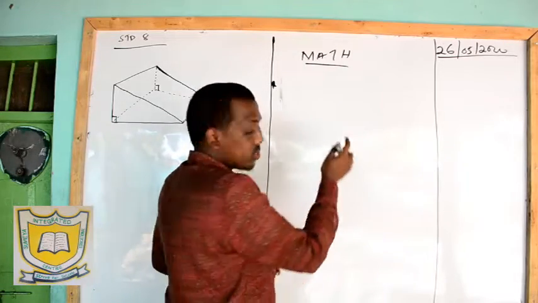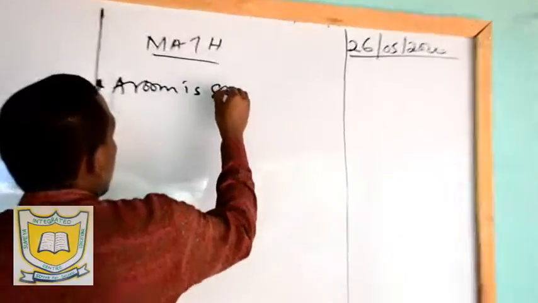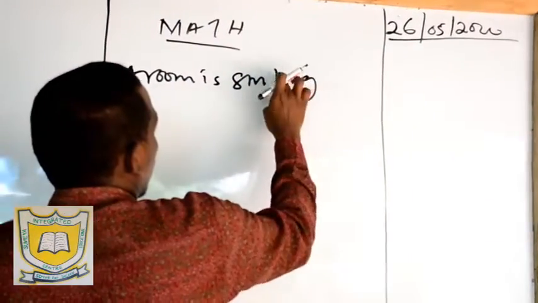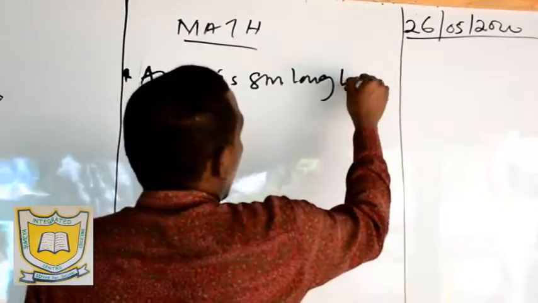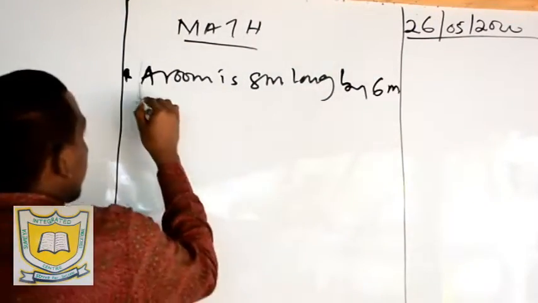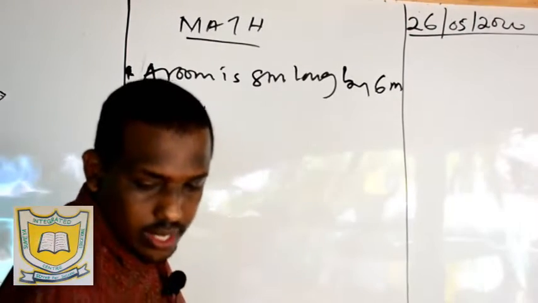A room is 8 meters long, 6 meters wide. The walls are 3 meters high.